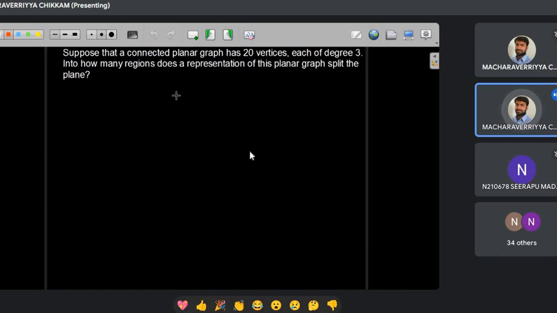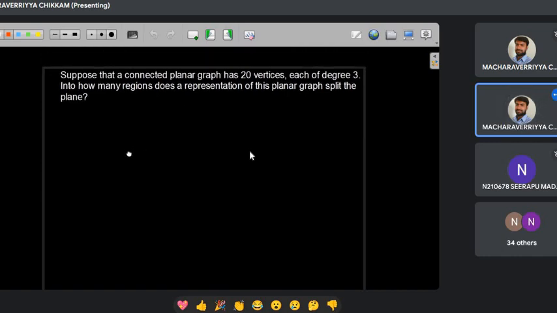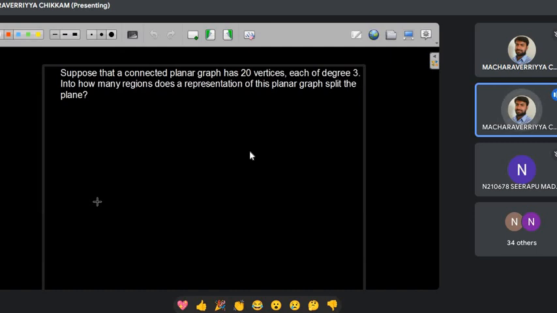Now there is a question. I hope you can read it. If not, let me drag it down. Suppose that a connected planar graph has 20 vertices, each of degree 3. Into how many regions does a representation of this planar graph split the plane?